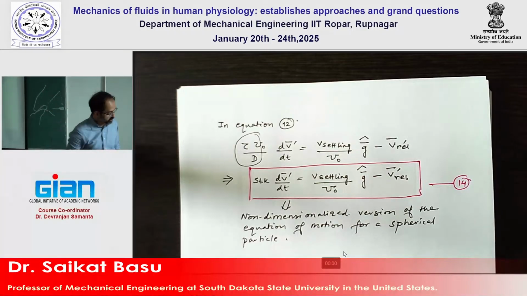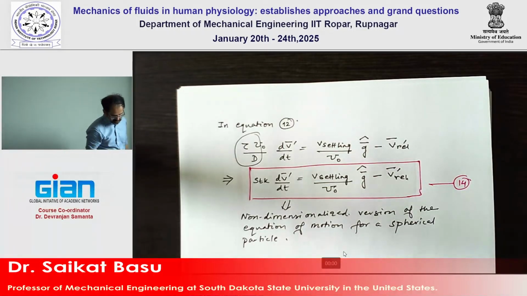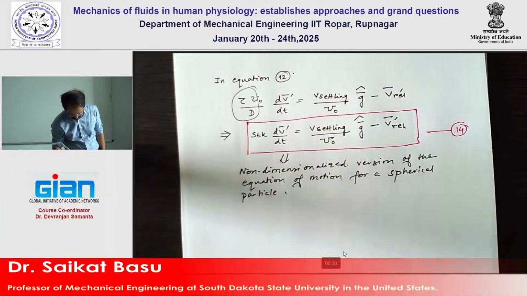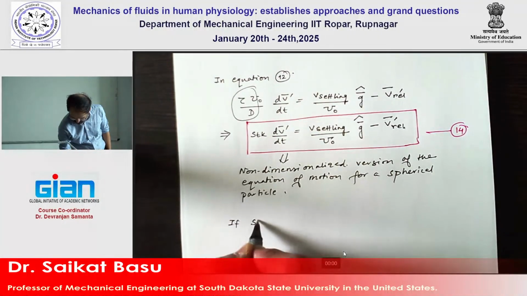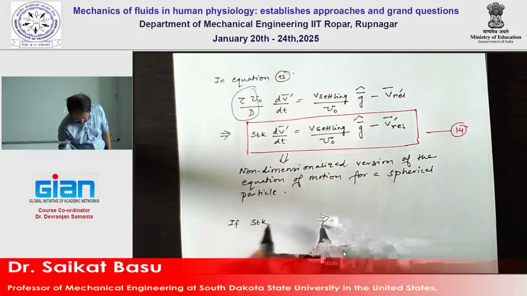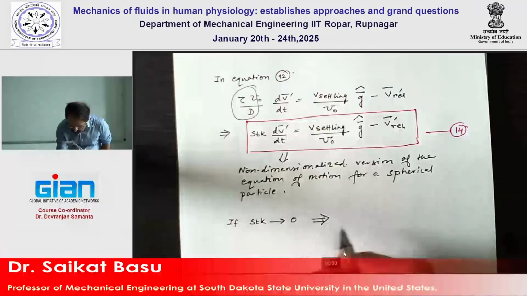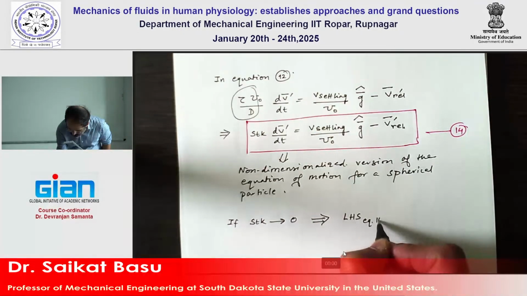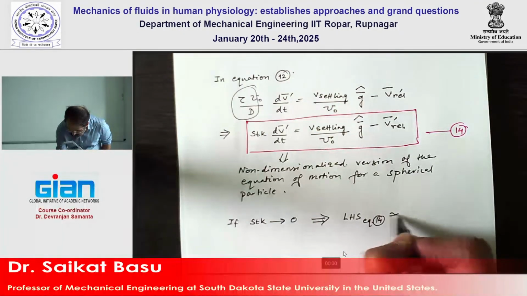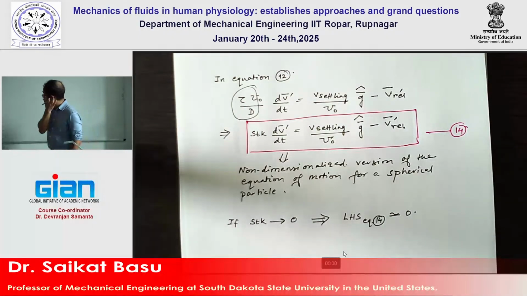So let's think about the first case being if the Stokes number, STK, approaching 0, the left hand side in equation 14 is 0 as well. But what happens to the right hand side terms?